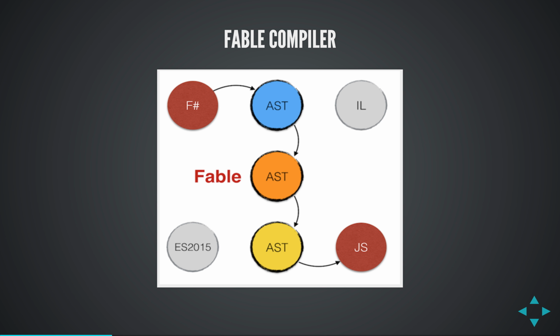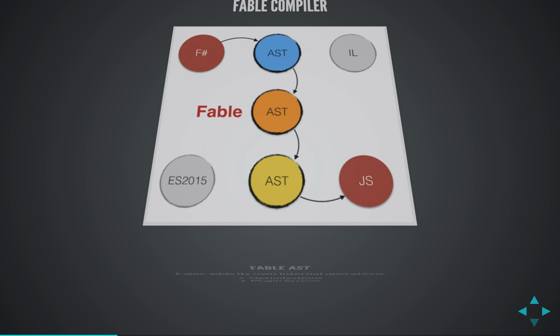So the great idea of Fable compiler is to reuse these two pipes. So we go from F# to a typed AST that gets translated to an intermediate Fable AST. Then we go to a JavaScript AST, and then finally to JavaScript.